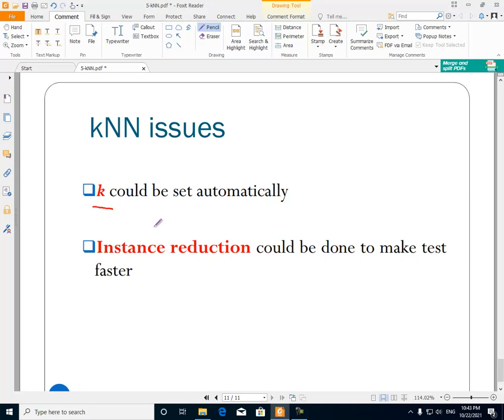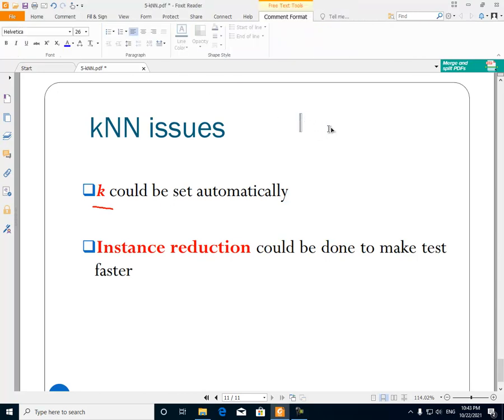It means that we could design an algorithm to find the optimal K. Some of the algorithms that we could use to find the optimal K are the genetic algorithm or other meta-heuristic algorithms like PSO, ACO, and other algorithms. These are the algorithms that we could use, for example, to find the optimal K.